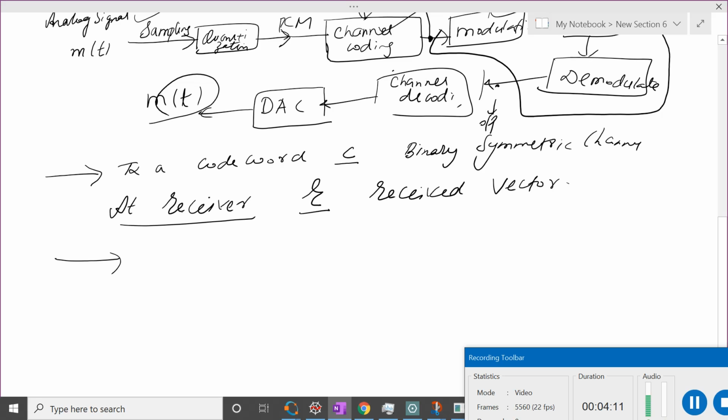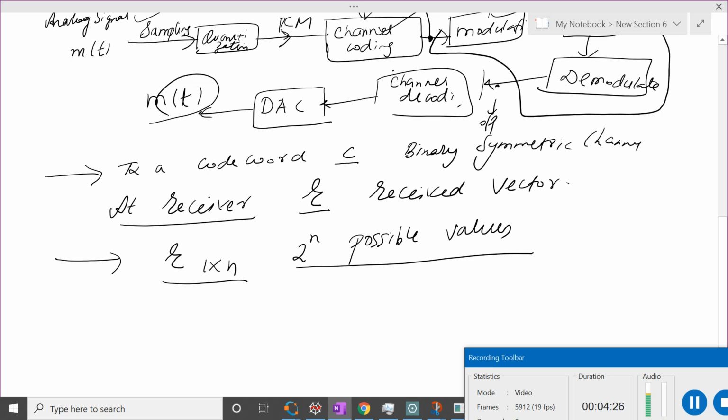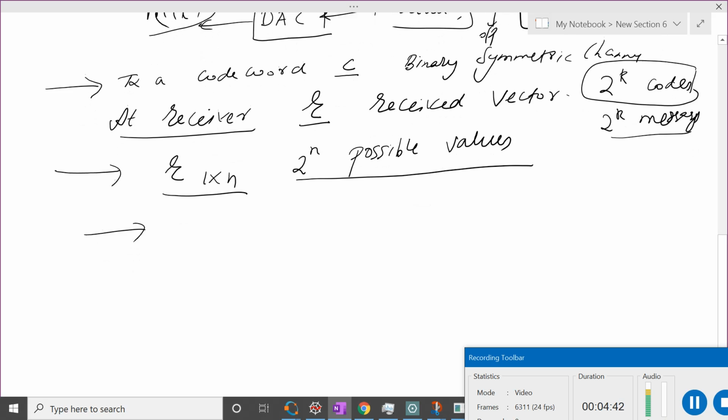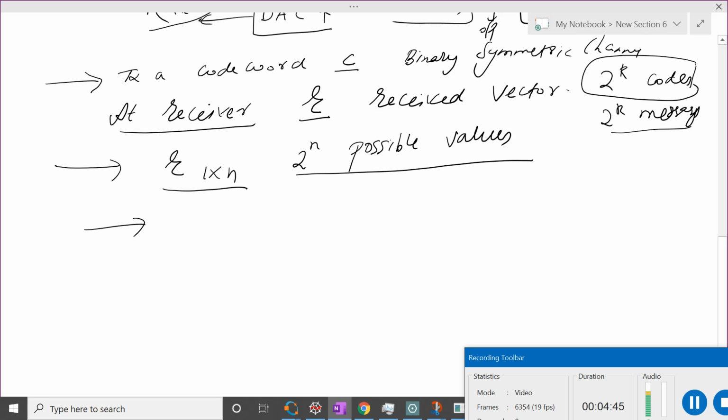R is an n-length vector, so R can take 2 to the power n possible values. But for us, there are only 2 to the power k meaningful codes, because we had 2 to the power k messages, and each message is assigned a code word.